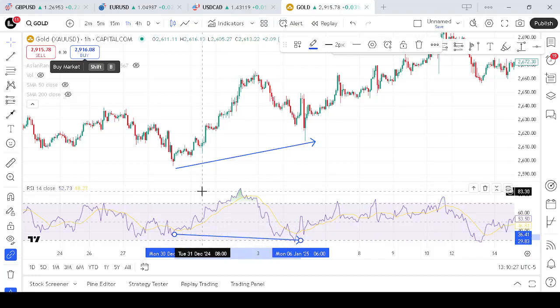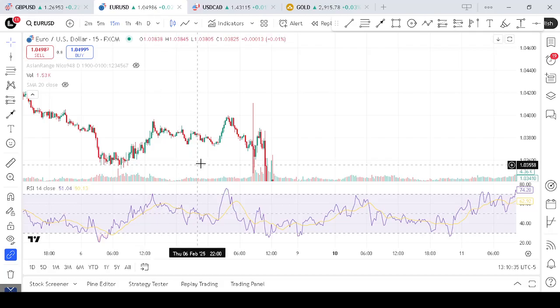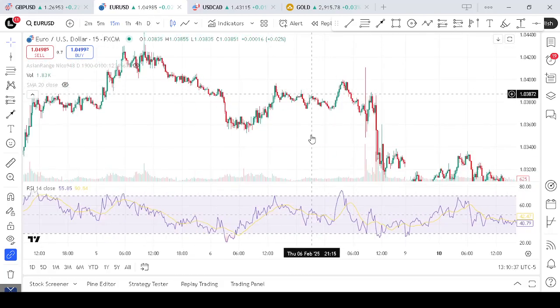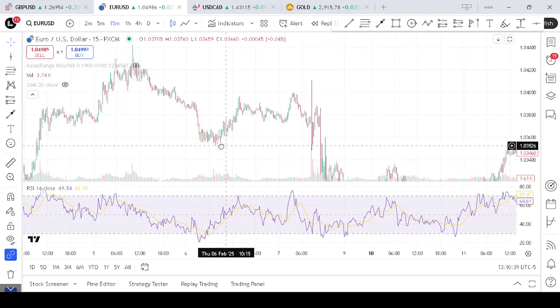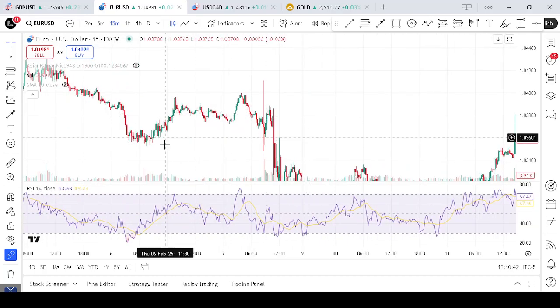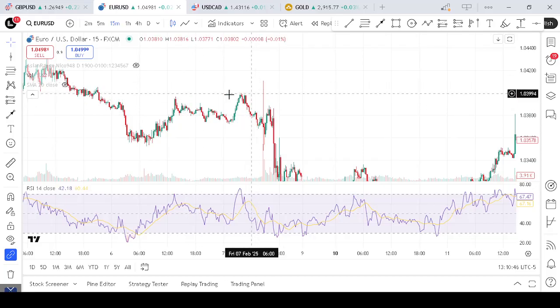Now, the second one is the bearish hidden divergence, and this occurs when price creates a lower low.